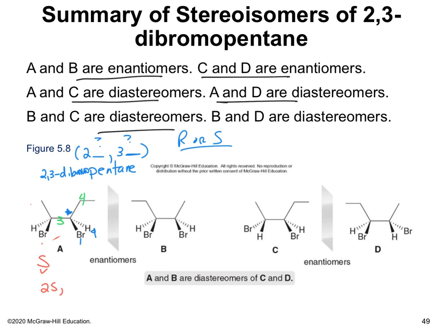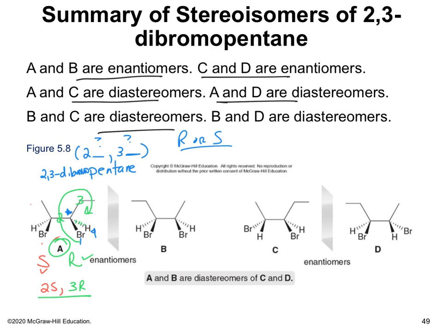Oh, I'm sorry, this is going to be 2, and this is going to be 3, and I do 1, 2, 3, and that's R. Does R stay R? Yes, because hydrogen's in back, so R stays R, and so that's 3R. And so that is the correct configuration for A.